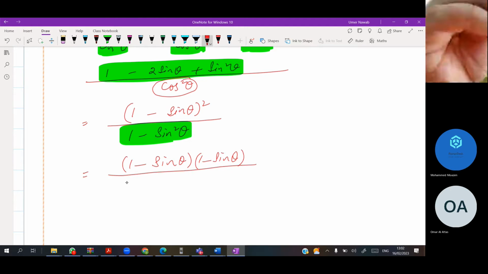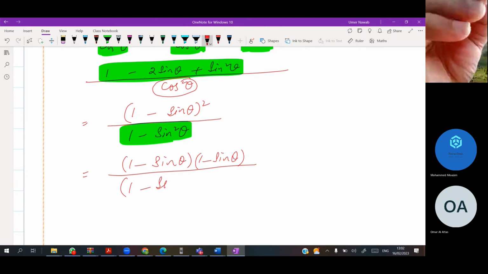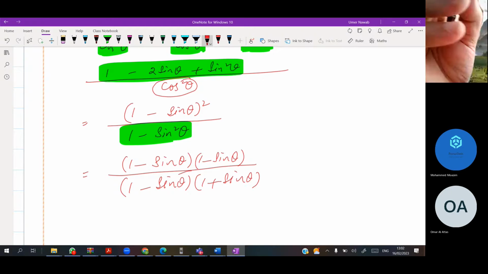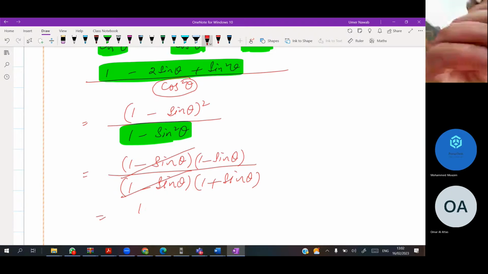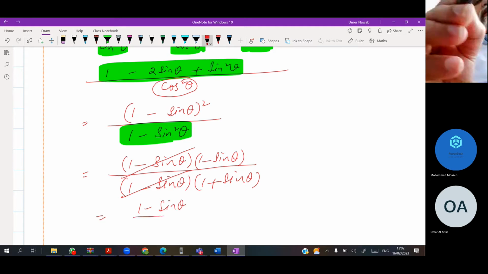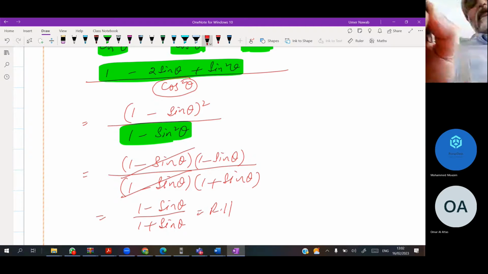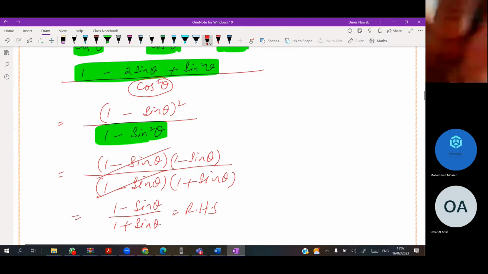However, in the denominator, a squared minus b squared is equal to a minus b and a plus b. So 1 minus sine theta and 1 plus sine theta. So boys, this is cancelled and I got 1 minus sine theta over 1 plus sine theta as my right hand side.